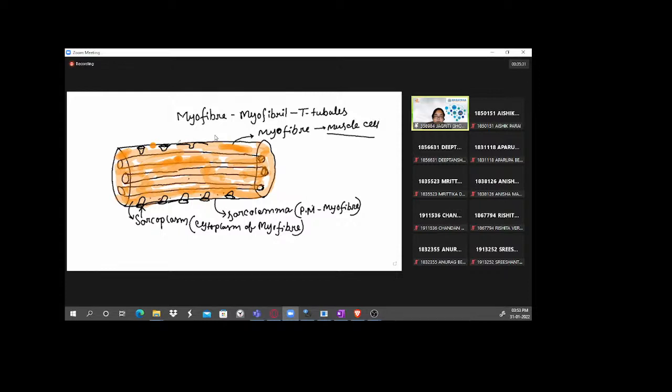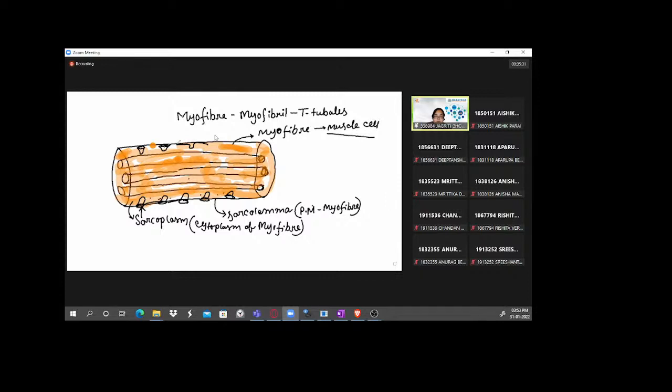That means the ER of the myofiber is known as the sarcoplasmic reticulum.